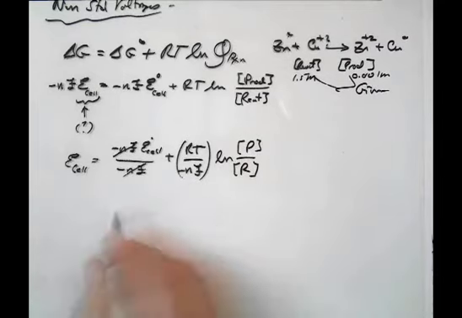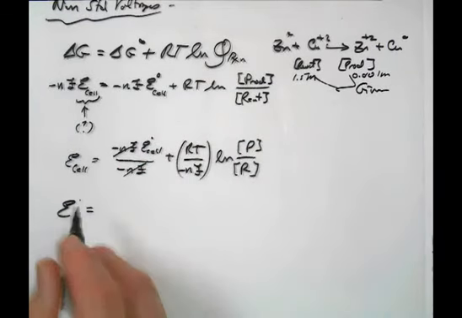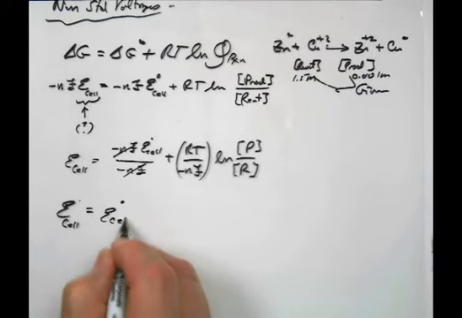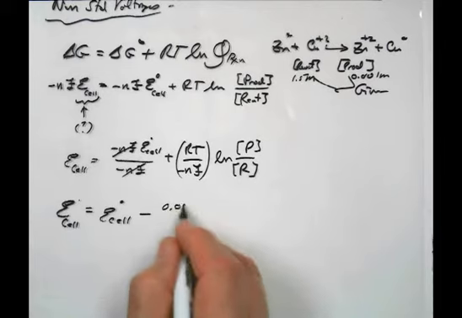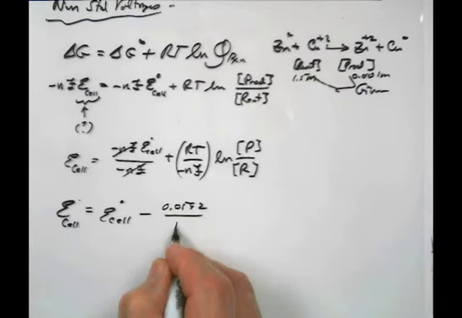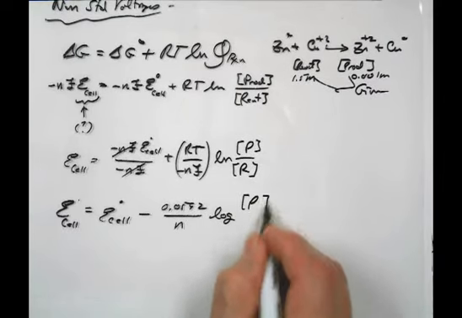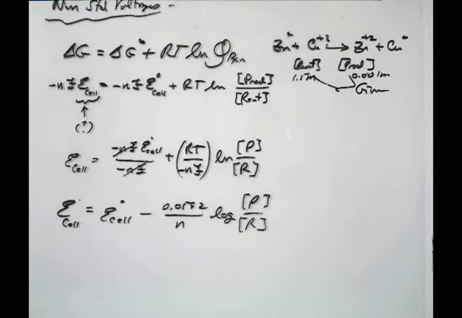The only variable in here is, well, what N value will you have from the combination you choose? Okay, so this will reduce to this, equals E naught cell minus, see the minus down here, 0.0592 over N, believe it or not, log of products over reactants. I jumped over the ln to the log. Okay.